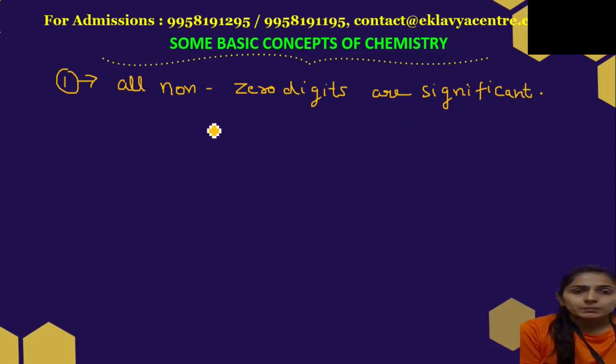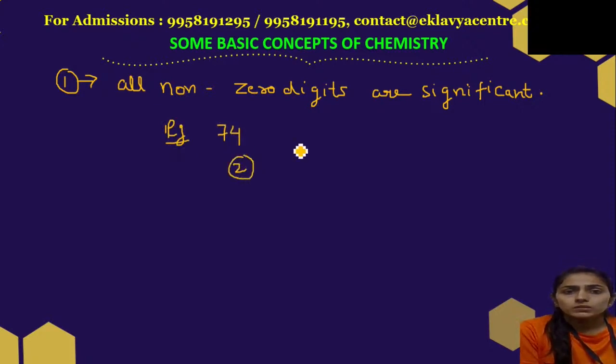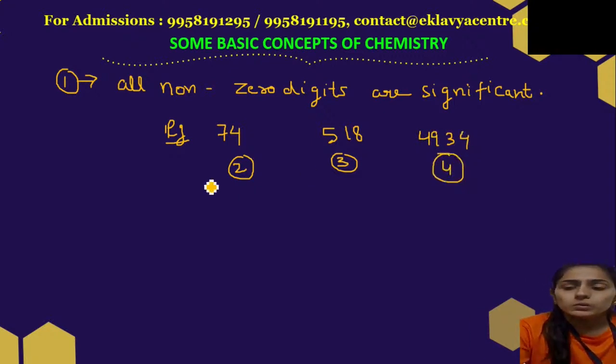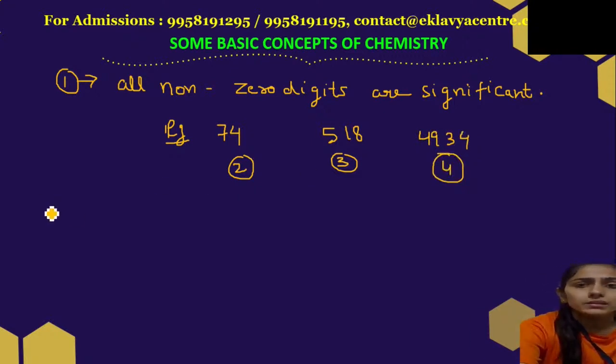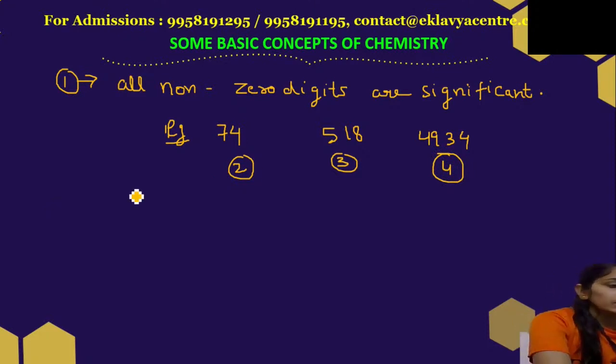For example, this time I'm using some different examples so that you will have more practice. 74 has 2 significant digits. 518 has 3 significant digits. 4934 has 4 significant digits. So all non-zero digits are significant.